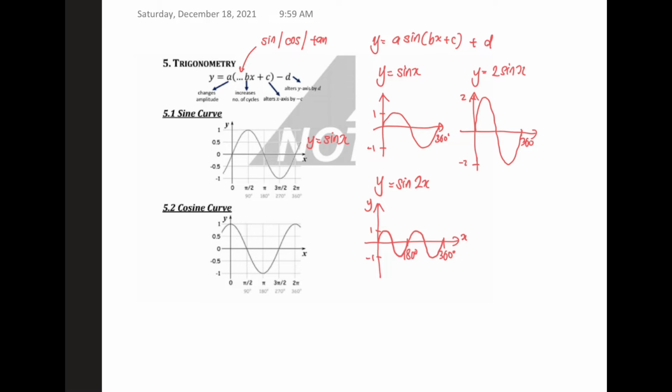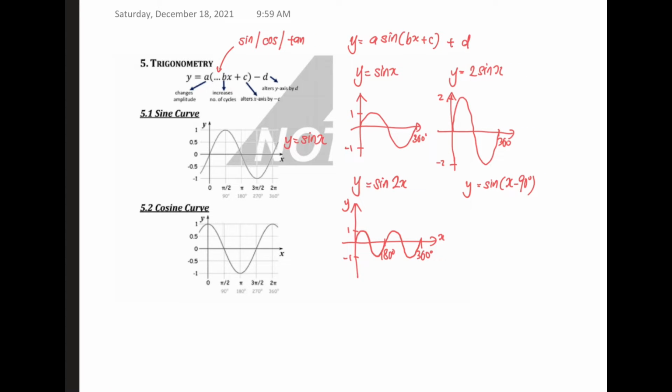Whereas the effect of c, let's say for example, y equals sine x minus 90 degree. As you can see, they say alter the x-axis by -c. So the effect is opposite. If this is positive c, here the effect is -c.